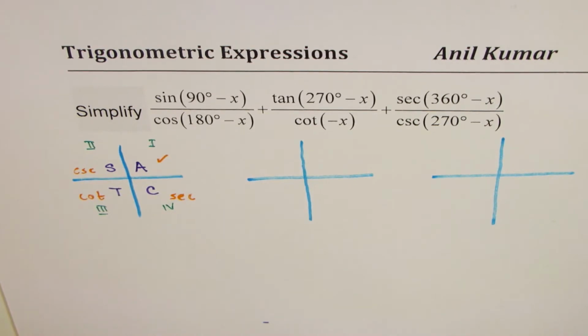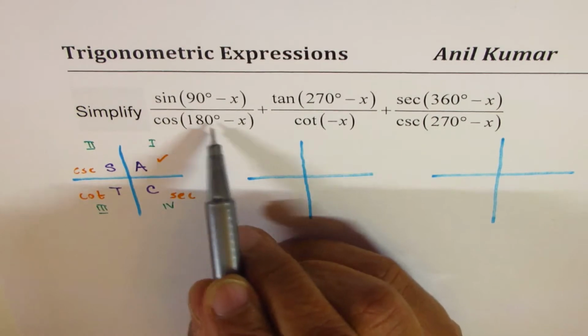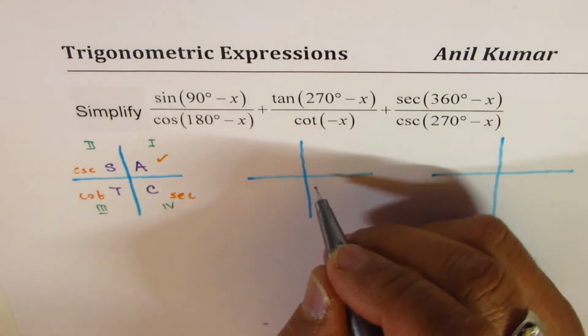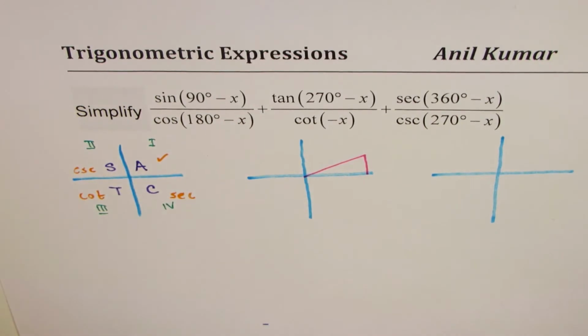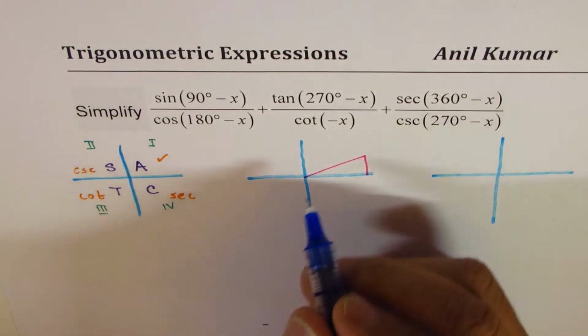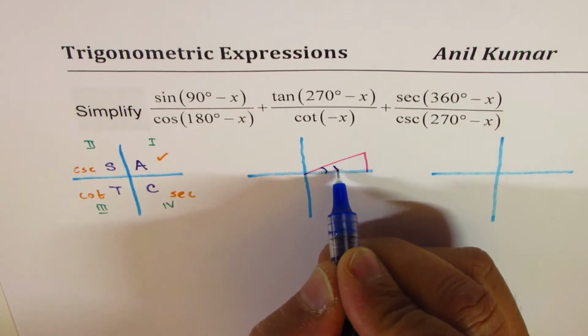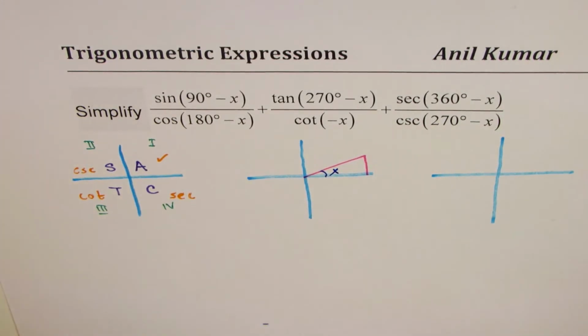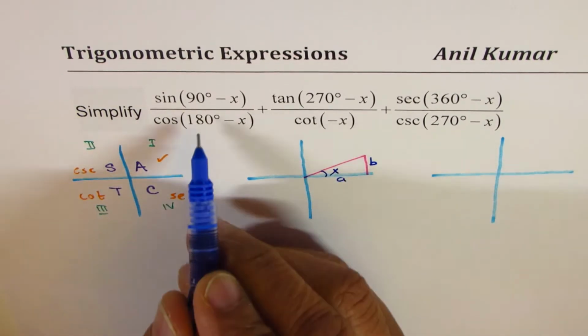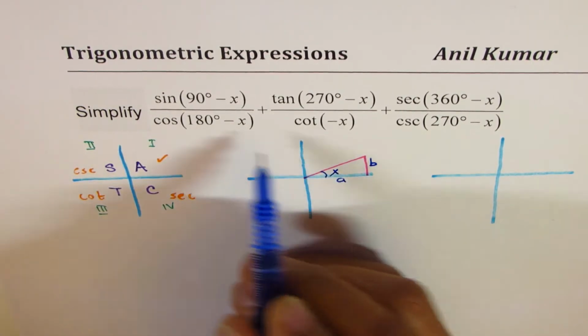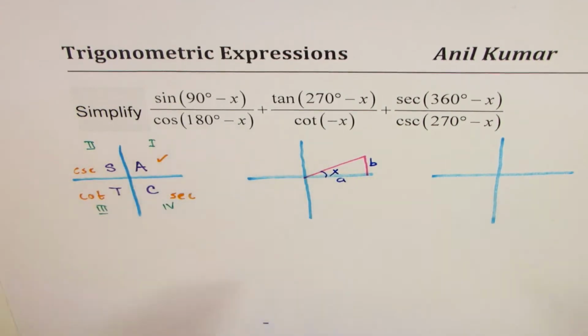Now the next thing which we are going to understand is what is 180 minus x type of things. So let's consider a triangle here with an angle of x degrees. And let the sides of this triangle be, let's call them A and B, right? So A and B. Now if I rotate this, let me do 180 minus x kind of thing.